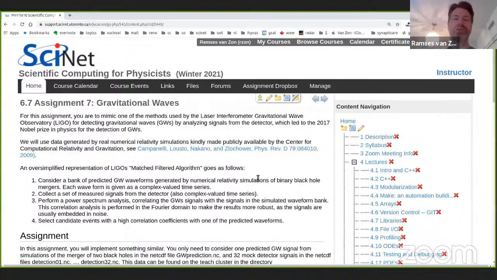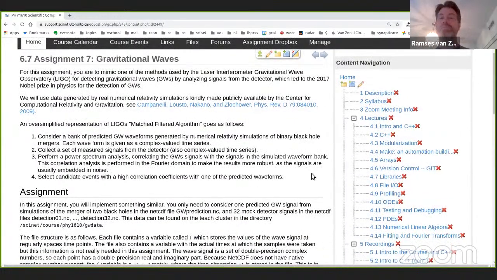That's how we know it was, say, a binary black hole merging into a single black hole, or whether it was a neutron star merging with a black hole or two neutron stars, which are a little bit more tricky, but you can ask Marcelo all about it because he's the expert on this, not me. The point here is that we get some signals out of a detector, and we have prediction signals, and we want to know if any of the detected signals are in fact predicted gravitational waves.